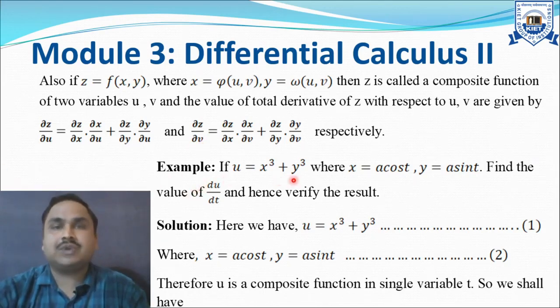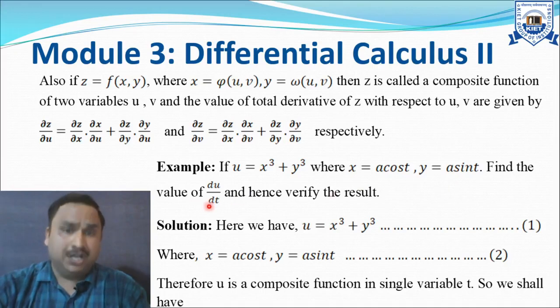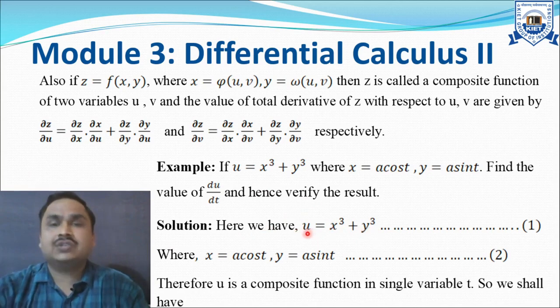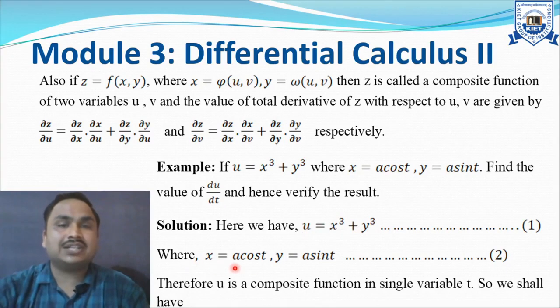If u equals x cube plus y cube, where x equals a cos t, y equals a sin t, find the value of du/dt and hence verify the result. Here we have u equals x cube plus y cube. Clearly u is a function of variables x and y, so the derivatives of u with respect to x and y will be partial derivatives, where x equals a cos t, y equals a sin t.